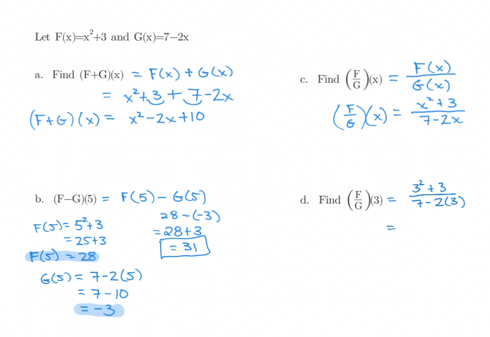If we simplify, on top I can square the 3, we get 9 plus 3 over. On the bottom I can multiply, we get 7 minus 2 times 3 is 6. 9 plus 3 is 12. 7 minus 6 is 1. And now if we divide, we do get 12. So f divided by g of 3 is equal to 12.